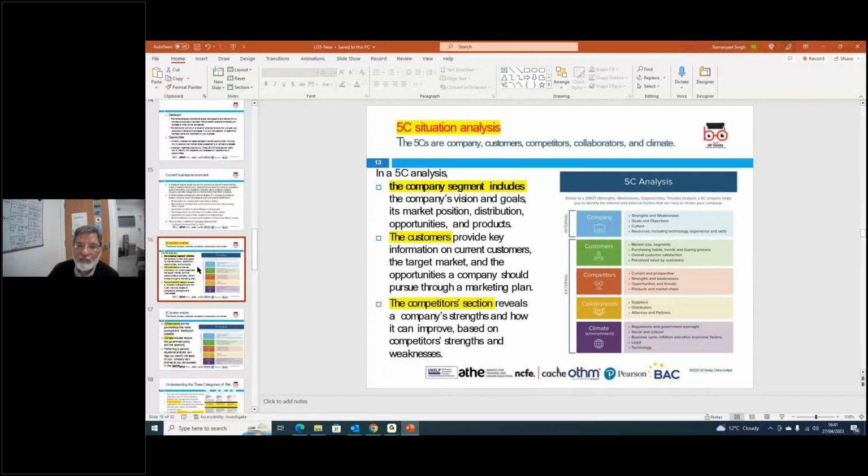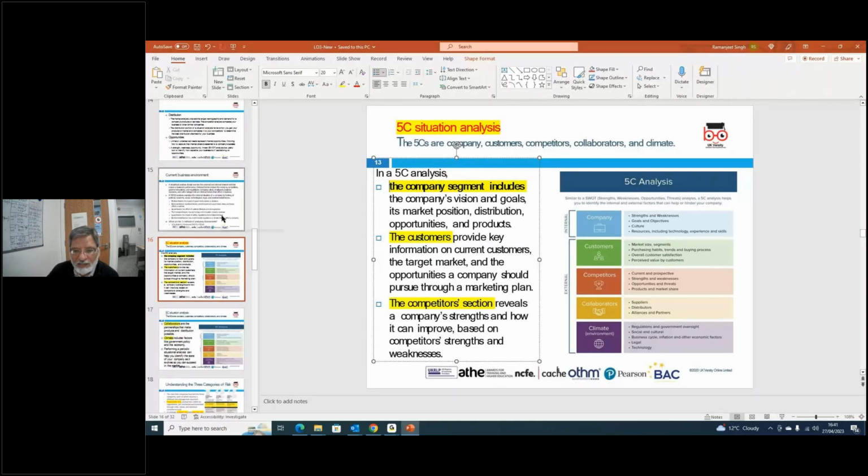Are they going for market segmentation as a whole, or are they going to target particular customers, a particular market, area, income section, or segments like geographical segments? So this is what the company needs to look at.